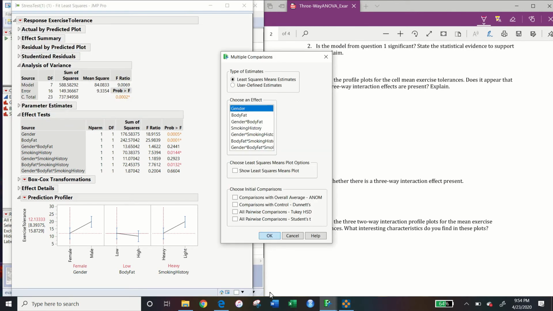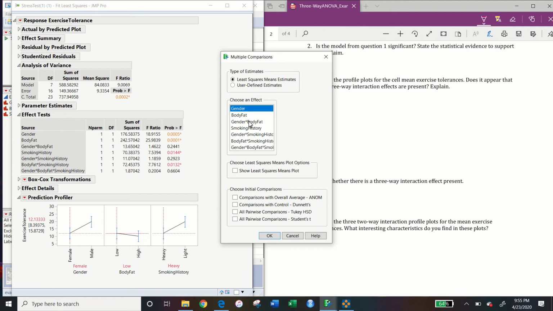What I recommend is to select the test that you need, because if you look at slide 262, you have a very specific flowchart. Step 1, we look at that overall F-test, which we can find in our analysis of variance. Then we check our three-way interaction, which we do with our effects test. Afterwards, we can look at our two-way interactions.